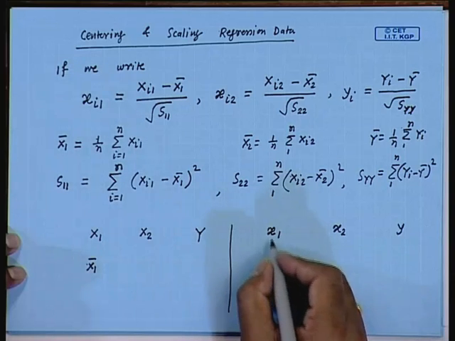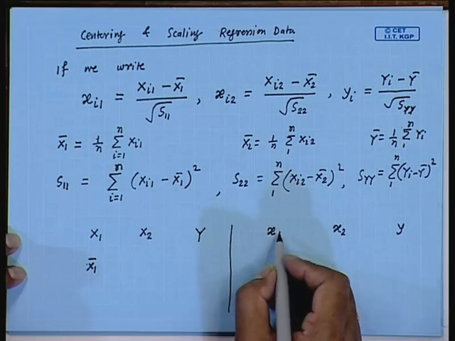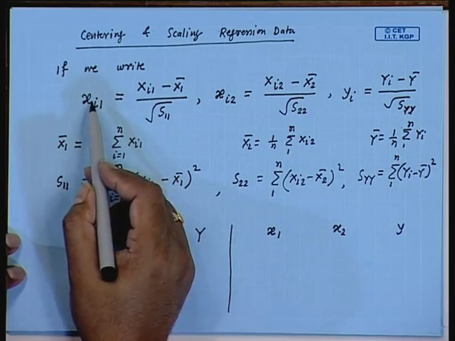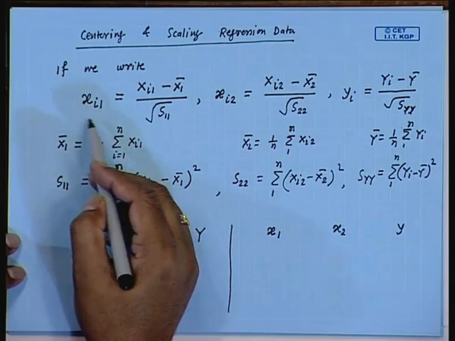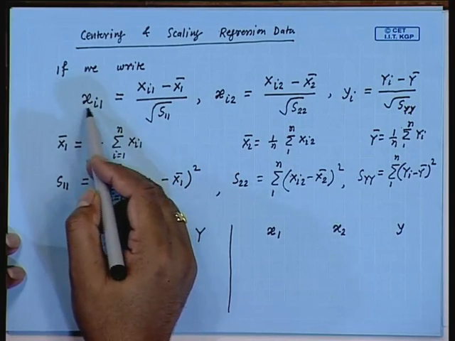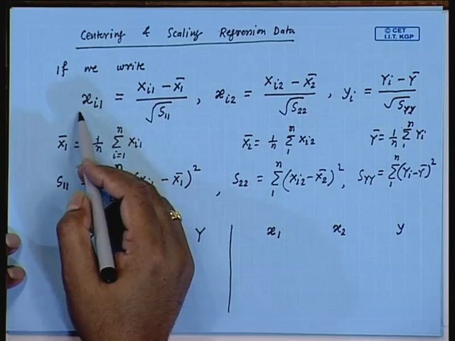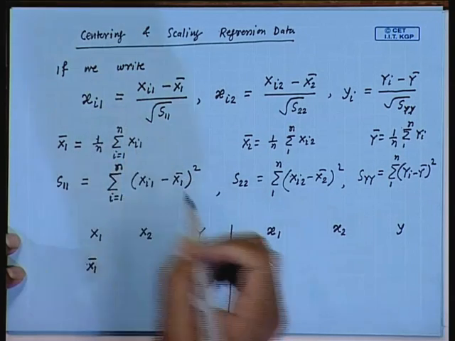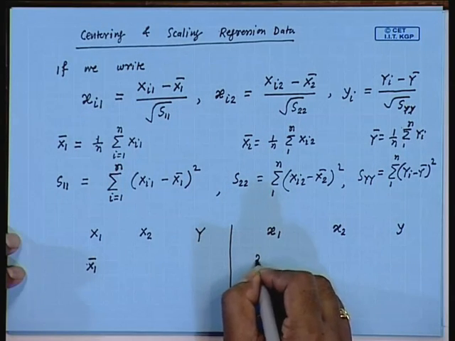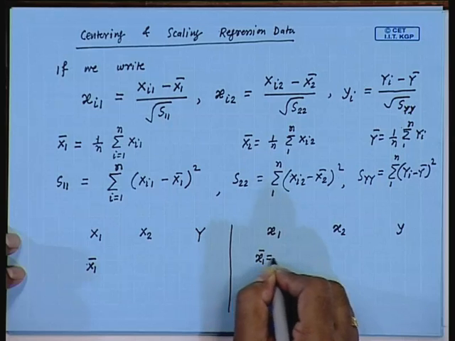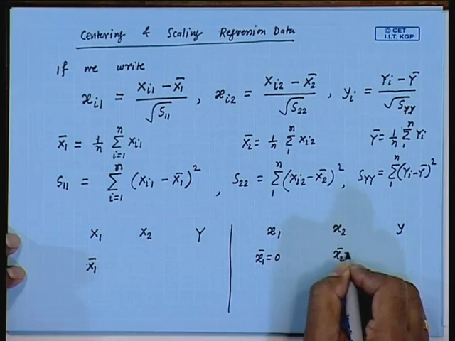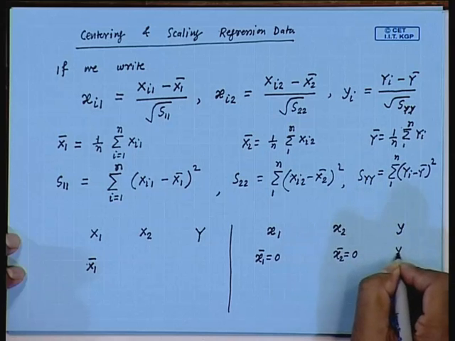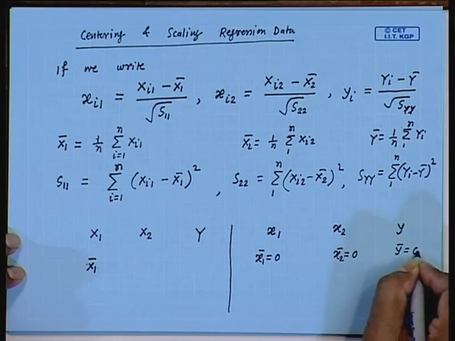Well, but here if you take the mean of the transformed data, the mean of small xi1 is always equal to 0. So here x1 bar is equal to 0, similarly x2 bar is also equal to 0 and y bar is also equal to 0.